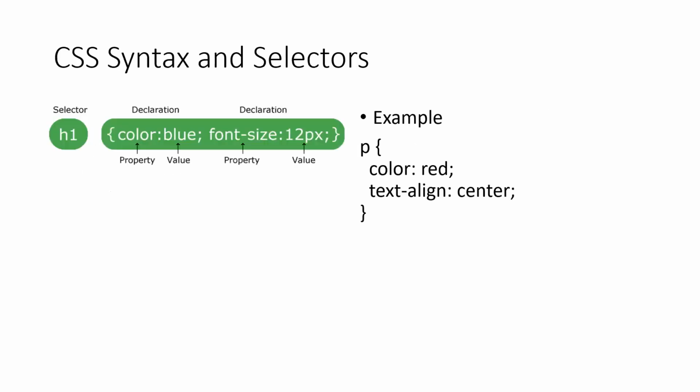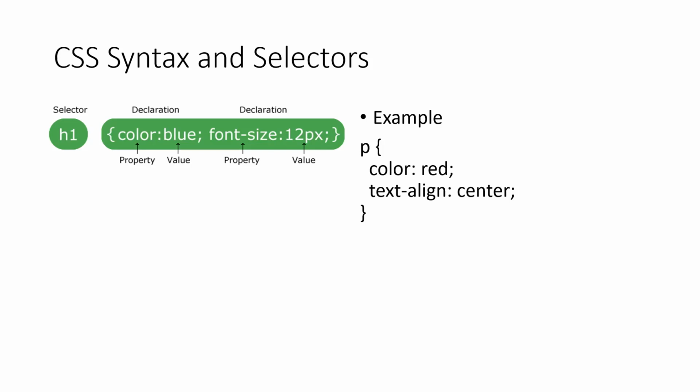sizes and so on. The main syntax that we have discussed, usually we will have what we call the selector, and then we have some declarations. The declarations are separated with semicolons, and usually within curly brackets, we will put different properties and values.